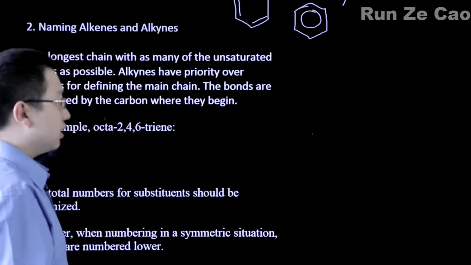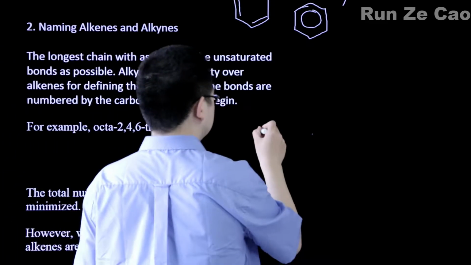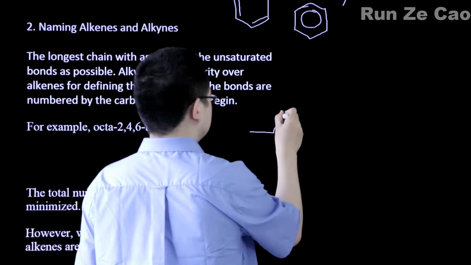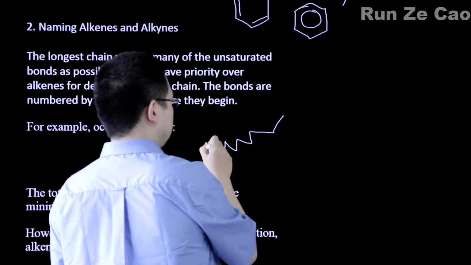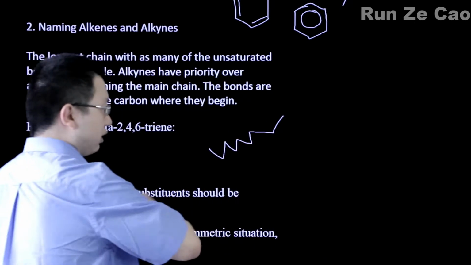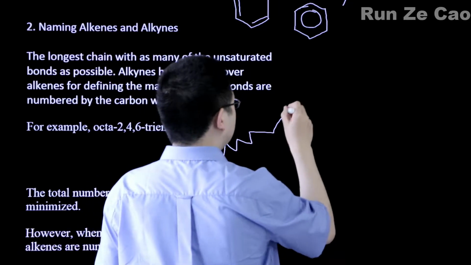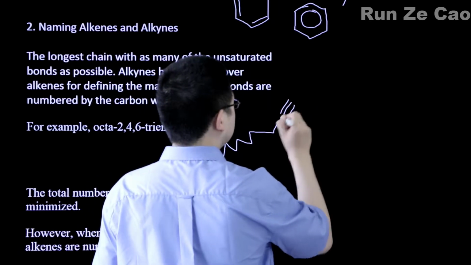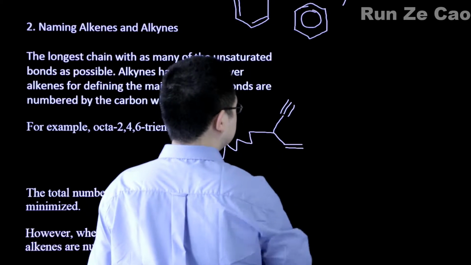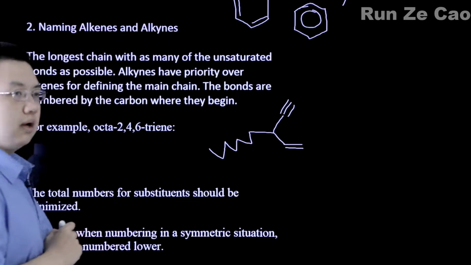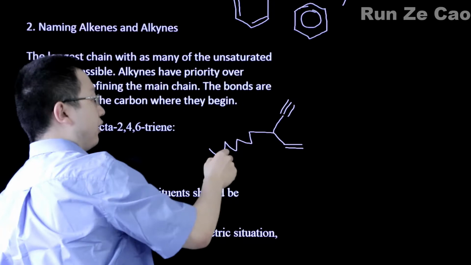What does this mean? This means that if one branch, say this is really, really long, has a triple bond and the other one has a double bond, well, the triple bond one gets priority.